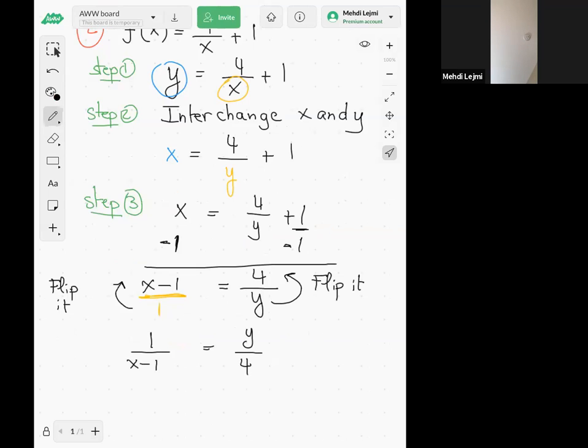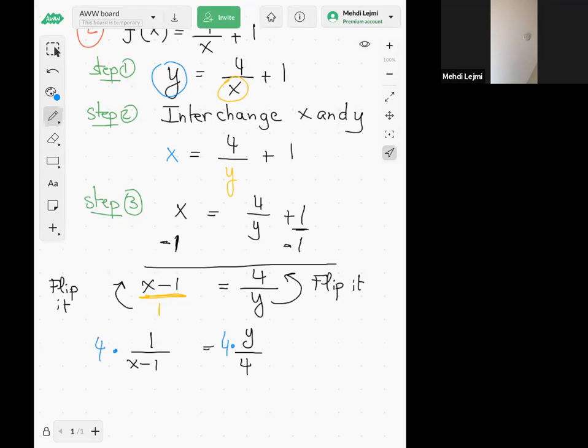Okay, now we are almost done because the right side is y over 4, so y divided by 4. We want to get rid of the division by 4, so we multiply by 4. And because I multiplied the right side by 4, I have to multiply the left side also by 4.